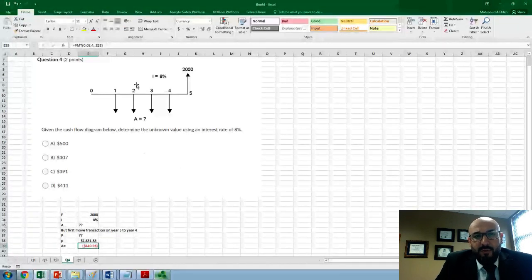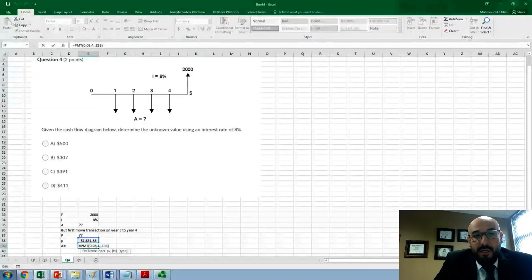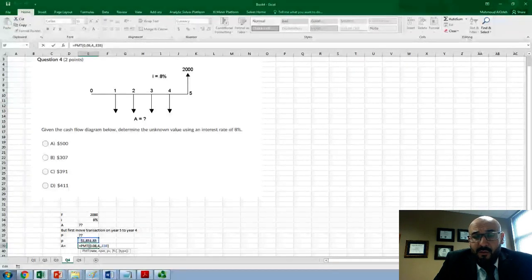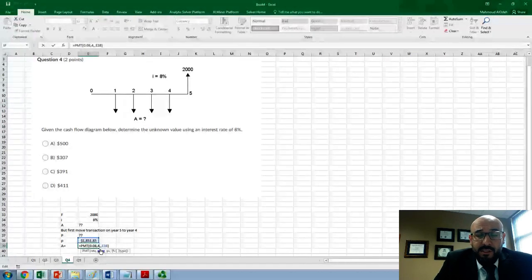Then once we have a regular cash flow, what you should do is use the PMT function to find the A. So the PMT function would be equal to PMT 8%. How many years do we need to use this function over? We're going to use it over 4 years, so we need to find the payment over the 4 years. So n equals 4.